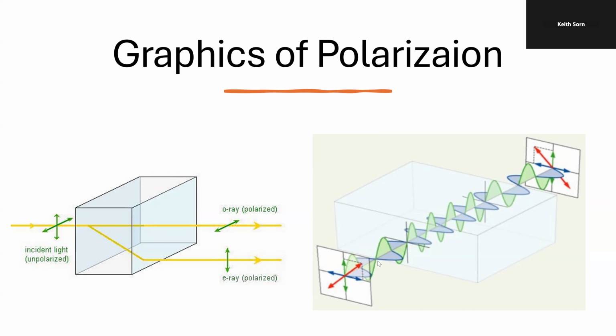This is an example of birefringence. We see the same thing here where an incident light comes in, the light gets split because of the two different indexes of refraction. And we have the O ray polarized horizontally and the E ray polarized vertically.